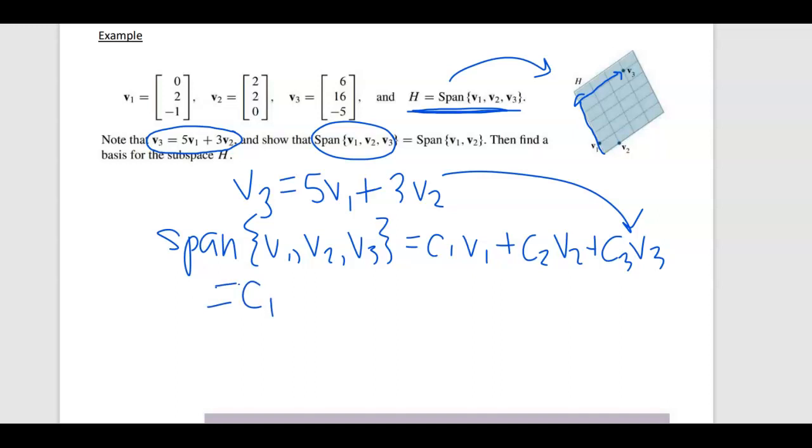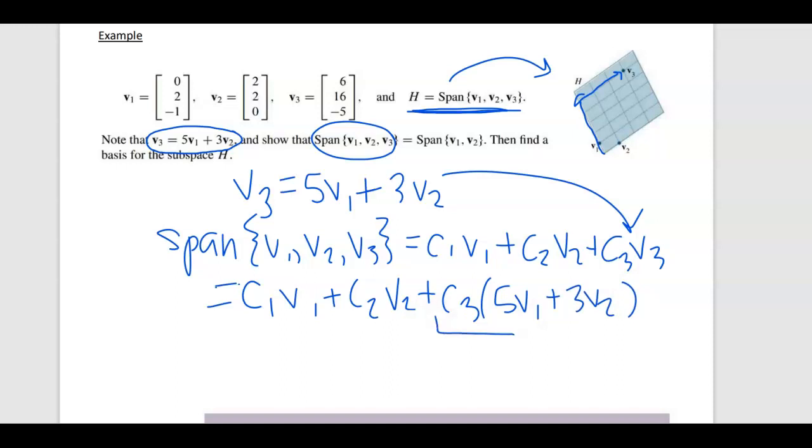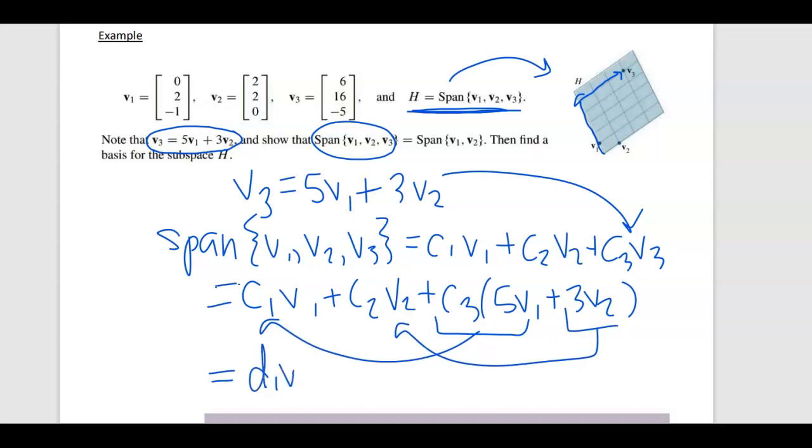So you could plug that in if you wanted to be really specific about showing this. But then these just get absorbed into here, these just get absorbed into here. And so you could say, maybe different than C, that this is like D1 V1 plus D2 V2, which is then a span of V1, V2, okay?